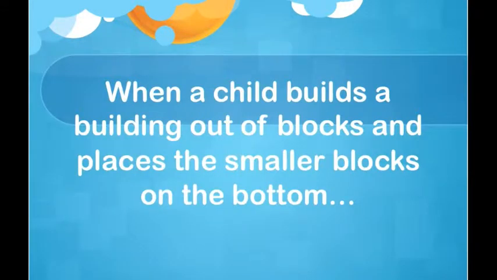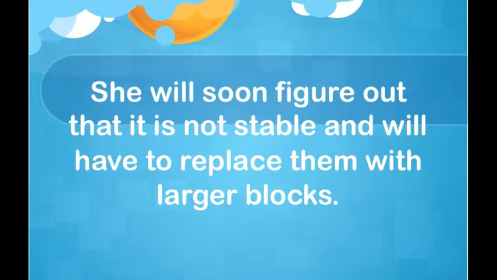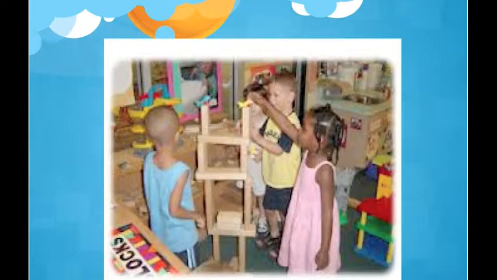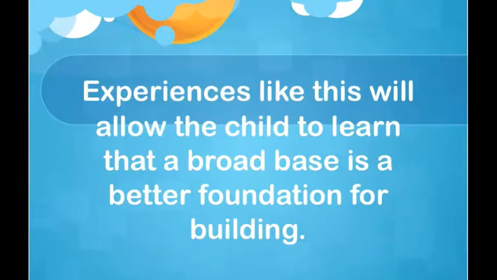When a child builds a building out of blocks and places the smaller blocks on the bottom, she will soon figure out that it is not stable and will have to replace them with larger blocks. Experiences like this will allow the child to learn that a broad base is a better foundation for building.